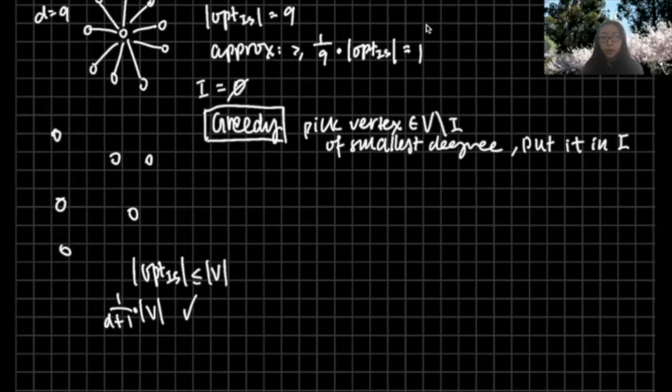And again, by the smallest degree, I mean the least number of edges incident to that vertex, or the least number of other vertices that it is connected to. Because once we consider this one vertex, let's call it v, we cannot consider its neighbors anymore by definition of independent set.